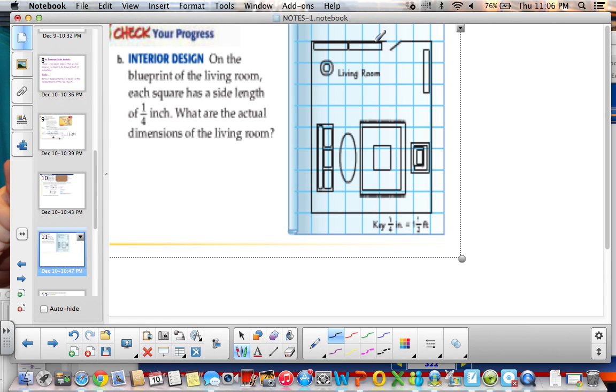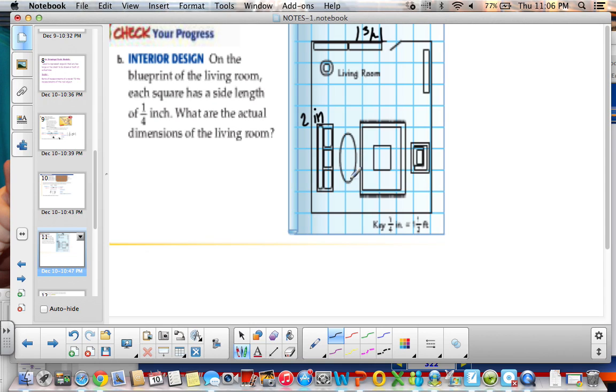So 4 squares would be 1 whole inch. And then we have 3 more squares, so plus 1/4, plus 1/4, plus 1/4. So this side is going to be 1 3/4. And then this side, 1, 2, 3, 4 is 1 inch. 1, 2, 3, 4 is 2 inches.